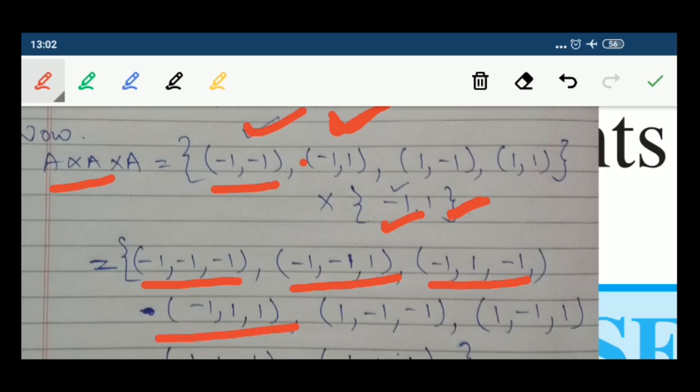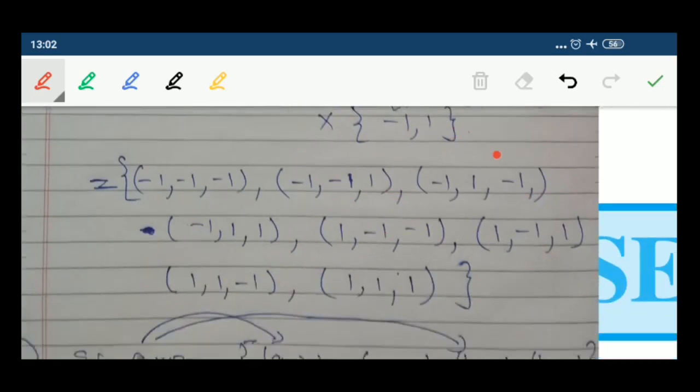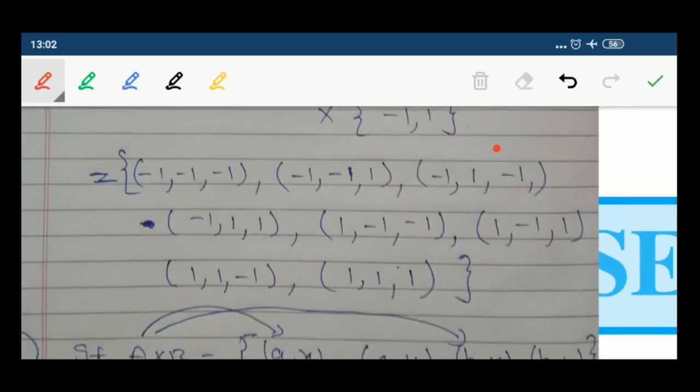In the same way you will take the next ordered pair of A cross A and place it with the -1, and you will get this one. Similarly we get the rest of the triples, and at the last you will see the Cartesian product is equal to this one.